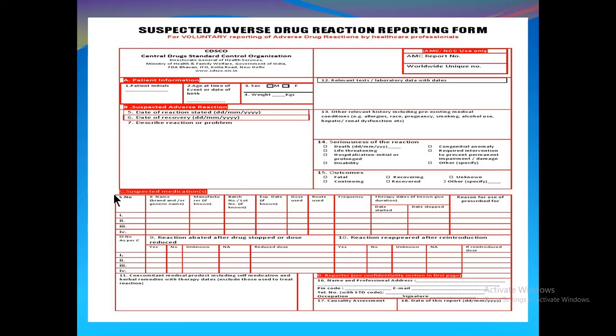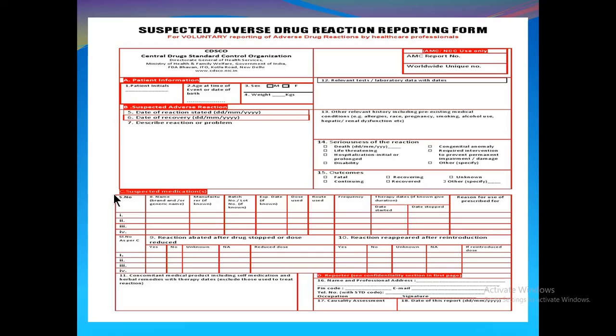Under point 17, information about the causality assessment has to be filled, in which the suspected adverse drug reaction reported is assessed by applying different causality assessment scales, such as Naranjo scale, where 10 questions are asked and answers are given in yes or no, so the maximum score is 10.